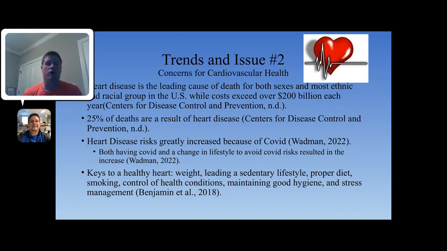And then Wadman in 2022 just recently put out a study of heart disease risk greatly increased because of COVID, both because of having COVID and then a change of lifestyle, which is that sedentary lifestyle we just mentioned, not as much exercise and moving about, and you're able to get up out of bed and just kind of get to work, and you don't have to get ready.